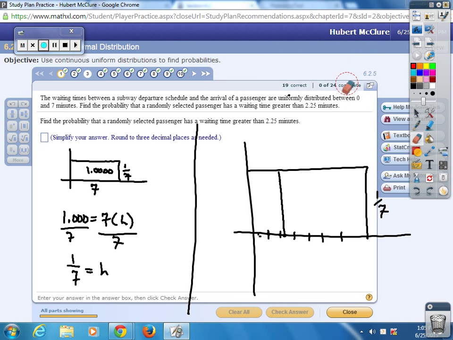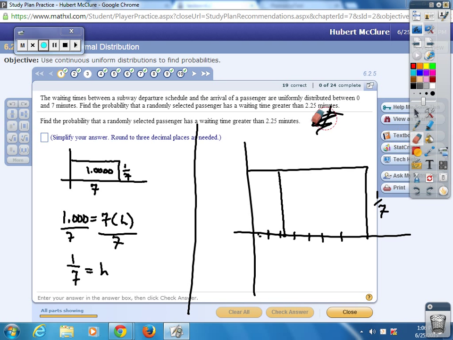Because easily somebody could say 2.25, 25 hundredths, or 25 over 60. So it's kind of misleading there. So we're going to assume it's a quarter right here. So 2 1/4 minutes.